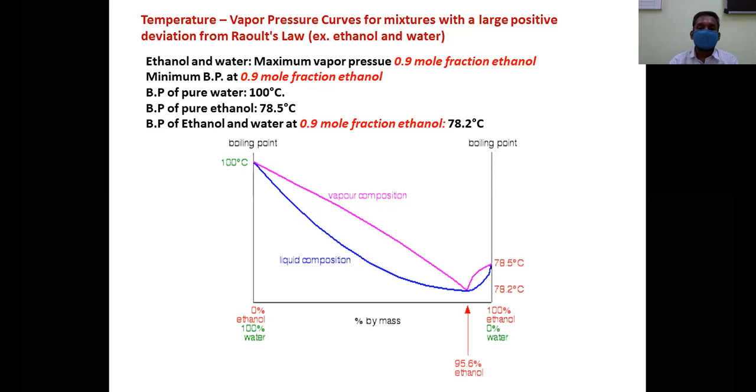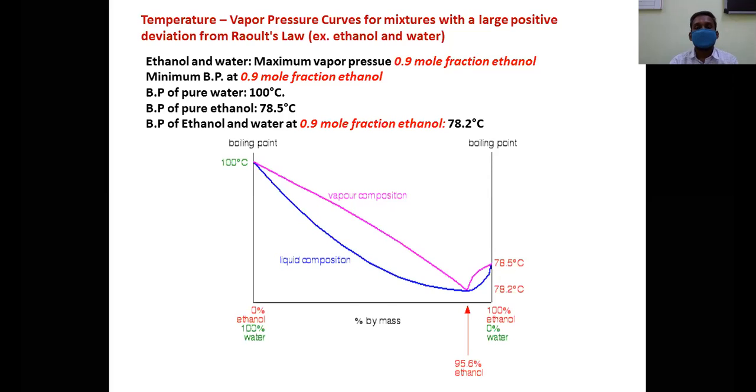Okay, there is one more interesting point. At this minimum value of boiling point, that is at 0.9 mole fraction of ethanol, the compositions of vapor and liquid become identical.